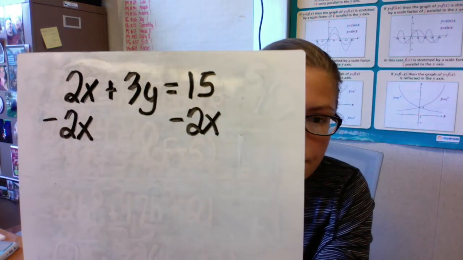Okay, next one we need to graph 2x plus 3y is equal to 15. We need to put it into a y equals mx plus b form. So we're going to subtract 2x from both sides. So we have 3y is equal to negative 2x plus 15.